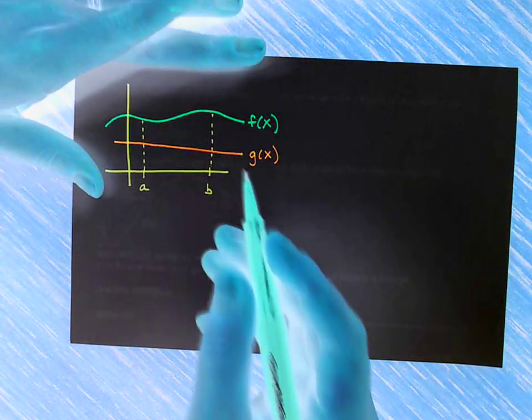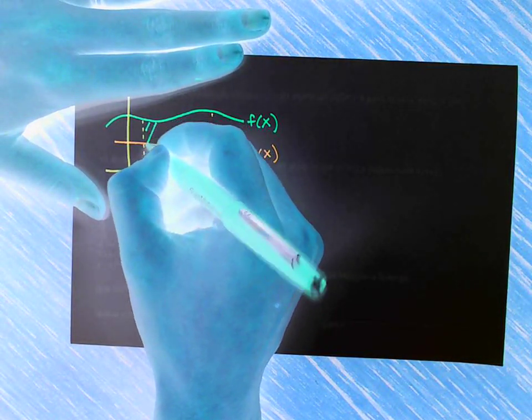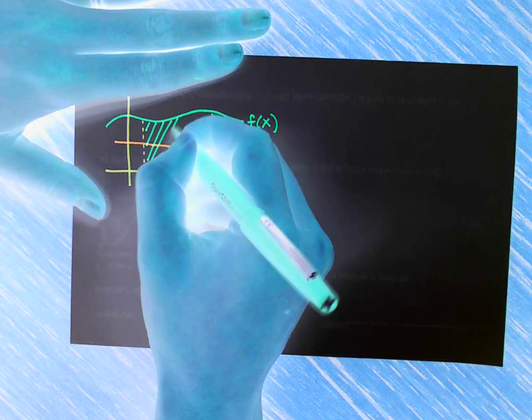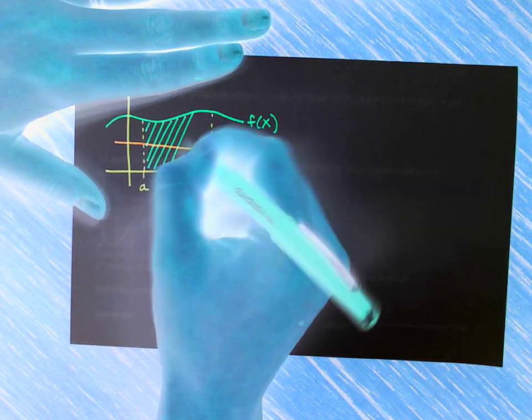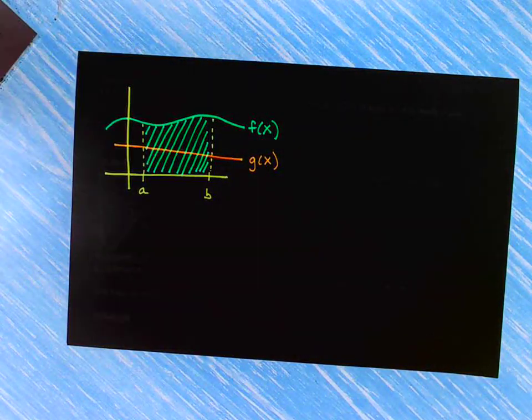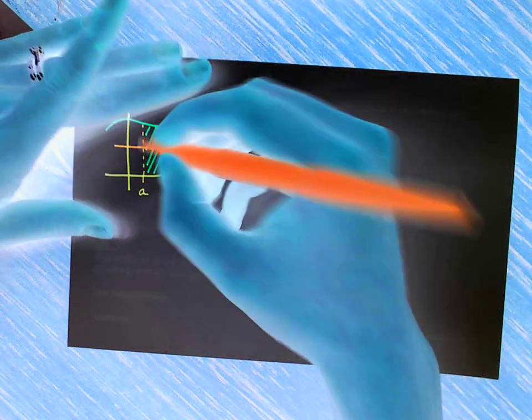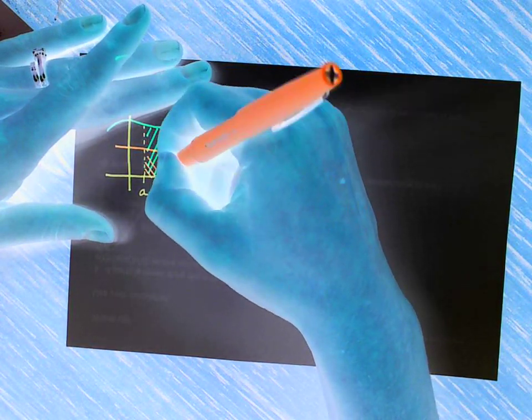If I integrate f of x from a to b, that's going to give me the area under the curve all the way to the x-axis. And then if I integrate g of x from a to b, that's going to give me this area.